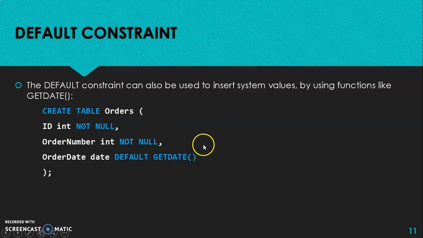Now this getdate will store the system date, that is today's date. It will store the system date in this. So no need to write the date for every record. You need to just specify order ID or the order number. Date will be automatically stored, that is the default.